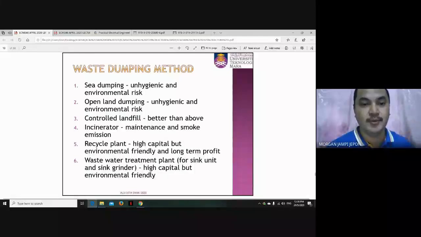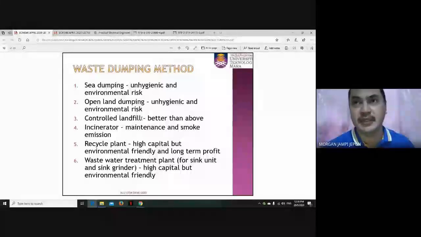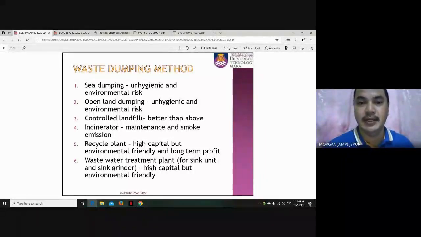It is open land dumping, but we control it by having a system to collect the so-called leachate. Leachate is very toxic water, black in color, that comes from the landfill, and we must collect it. Otherwise, if that liquid goes to the river, it will definitely contaminate the river, right?